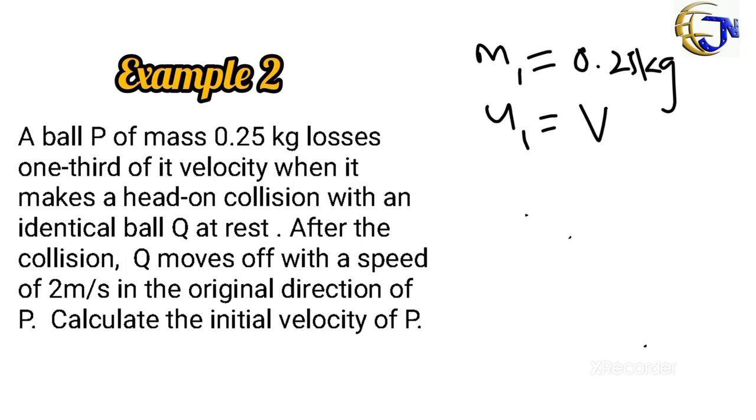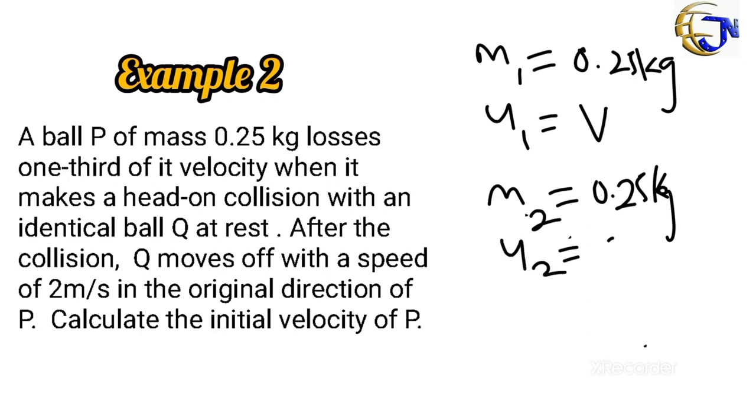Then it hits another body M2 at rest. So it means that M2, the mass will be 0.25. Okay, they are the same mass. But in this case, U2 for this body is 0 because the body was at rest.